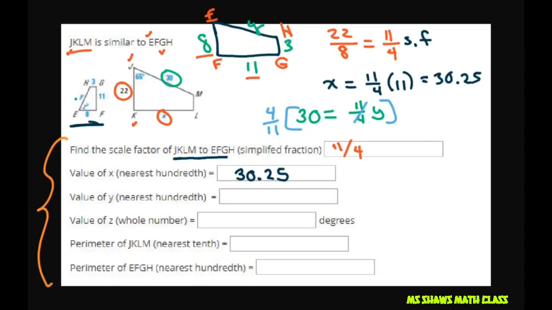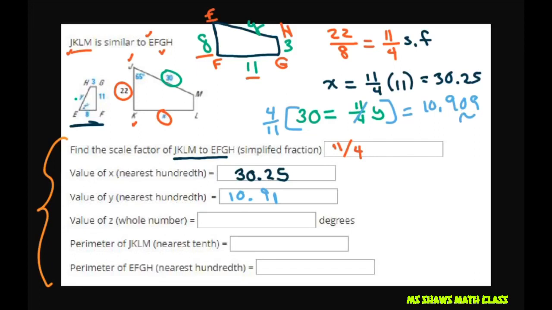And if we round to the nearest hundredth, it's actually 10.909. So this is going to end up being 10.90. So we're going to have to round this up and make that a 1.